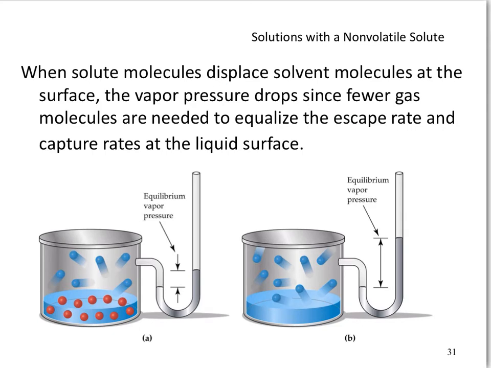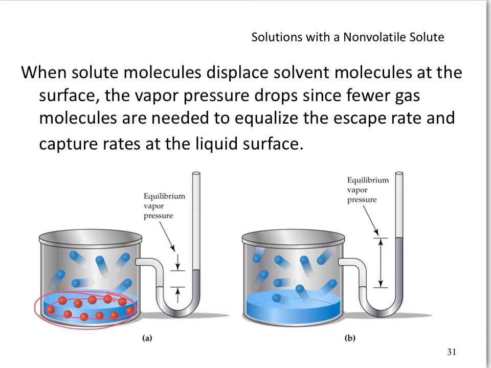When you have molecules, in case of the solution, which have displaced the solvent molecules, I'm showing you here that in such an event, in order for it to get to the same vapor pressure, a greater number of molecules will be required.